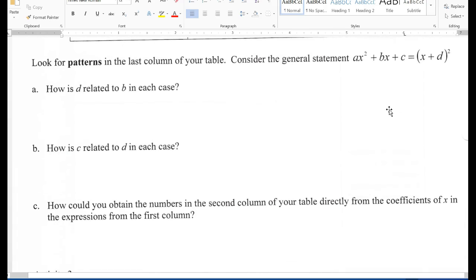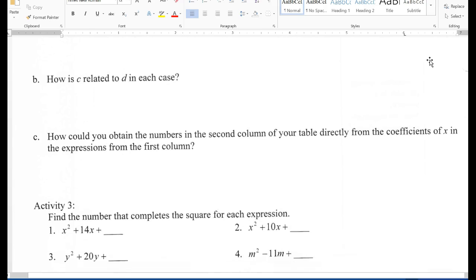Then you're going to look for patterns showing up given this equation. Okay, so talking about D compared to B, so B being the middle term, D being your constant defining your perfect square, and then C compared to D, so C being your constant term and D being the constant in that binomial of the factor.